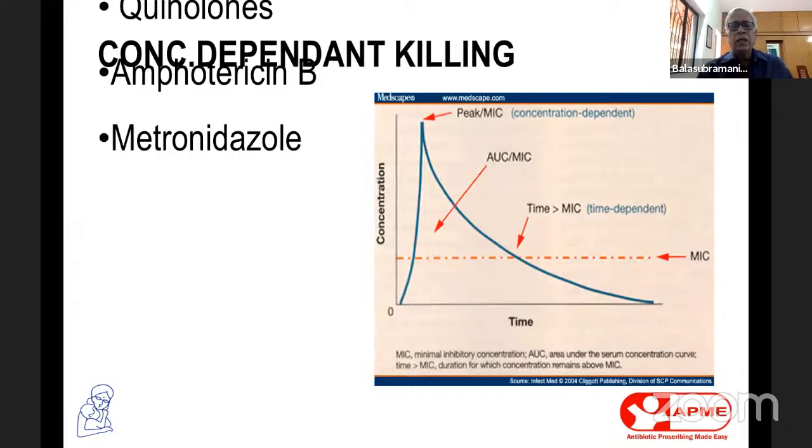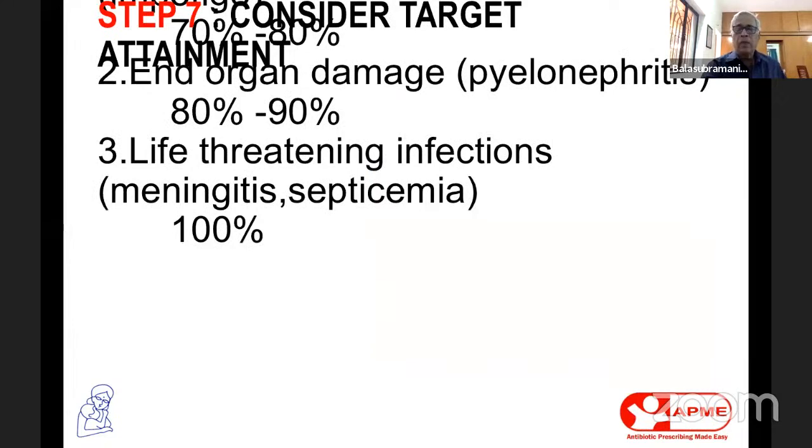The reason is these drugs act by concentration. That is, they adopt a mechanism of concentration-dependent killing. It is enough if you give one heavy dose, and you maintain the peak with one dose alone, reducing the side effects. Second is target attainment.